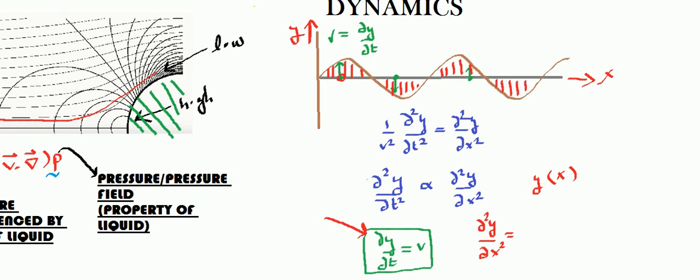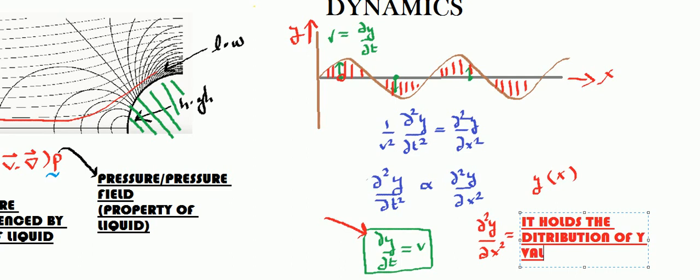So what information does d square y by dx square hold in it? It holds the distribution of y values with respect to x. Okay, this is the information it holds. Obviously it holds some information, not exactly distribution of y with respect to x, but the double derivative of distribution of y with respect to x.